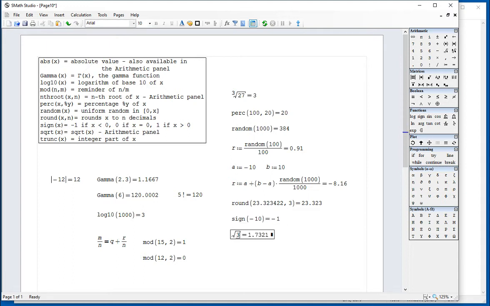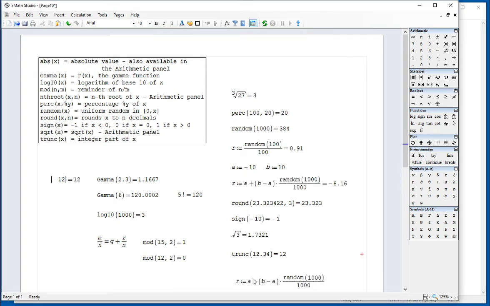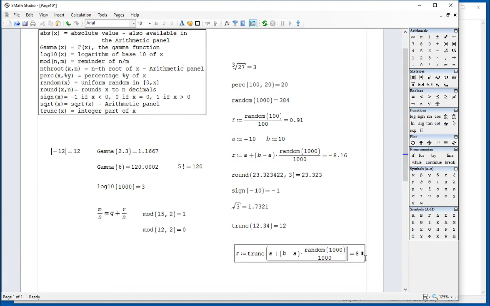A random number, say a random number between 0 and 1,000 will give you 1,000. Now, in many software, they give you random numbers between 0 and 1. How do you make a random number between 0 and 1? Let's call it R, random 1,000 divided by 1,000. Actually, you can do this for any number, like 100 divided by 100 will give you a number between 0 and 1.